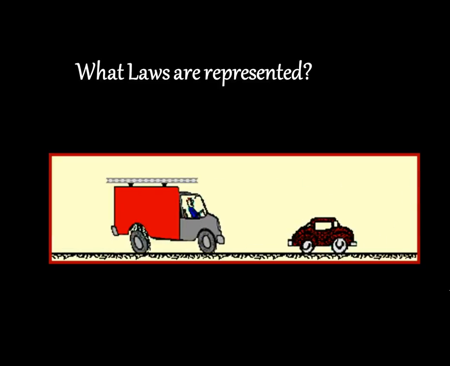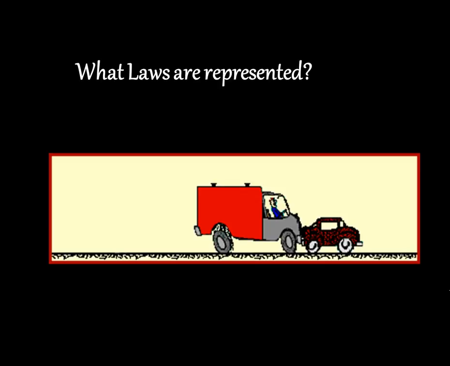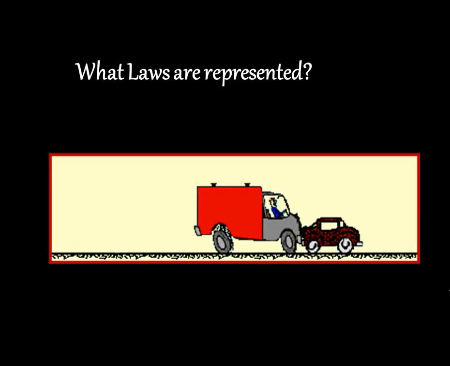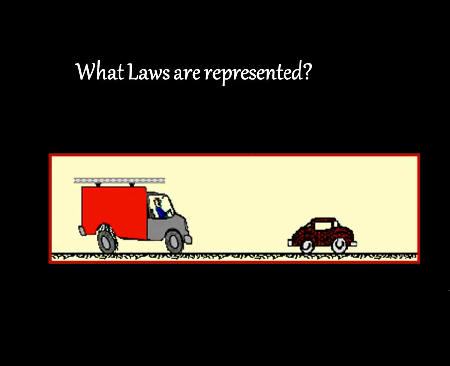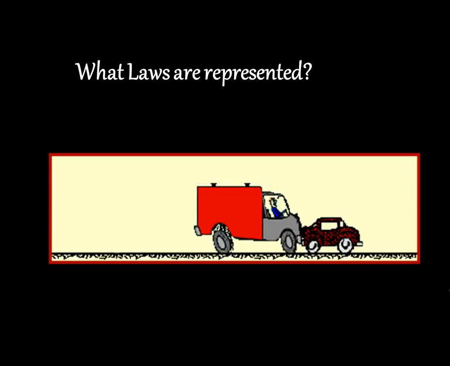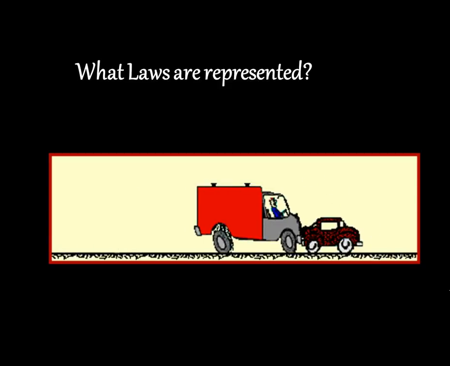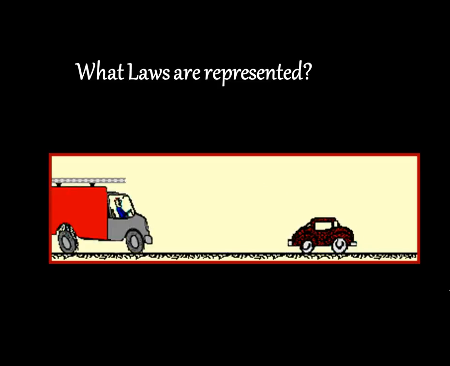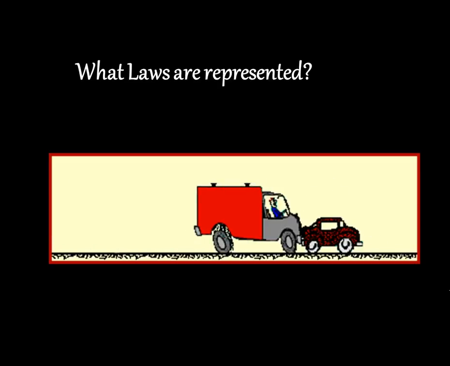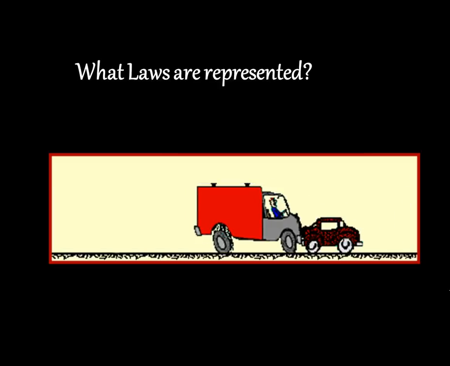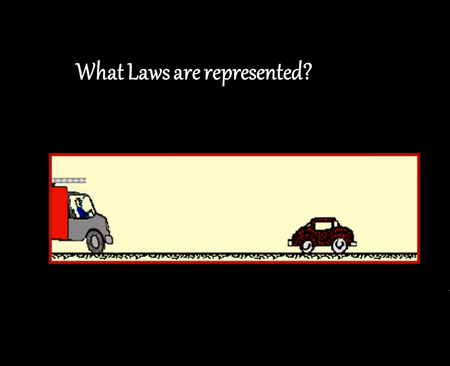The ladder is in motion and continues to be in motion because there's nothing there to stop it. You probably see the third law. For every action, there's an equal and opposite reaction. You probably see Newton's second law. The truck is more massive, so there's bound to be more damage to the little car than the big car.